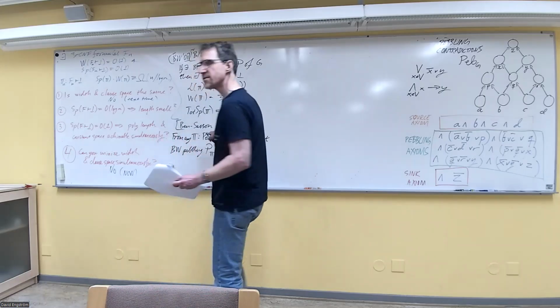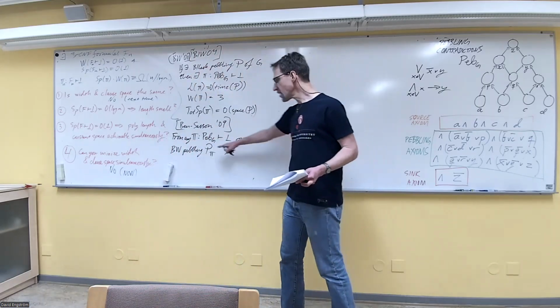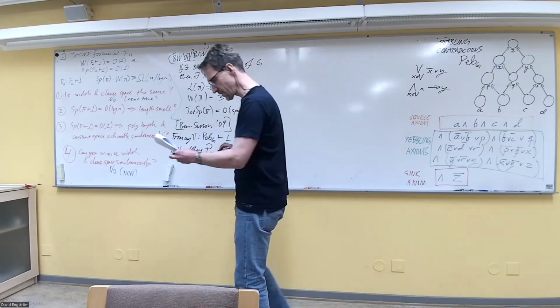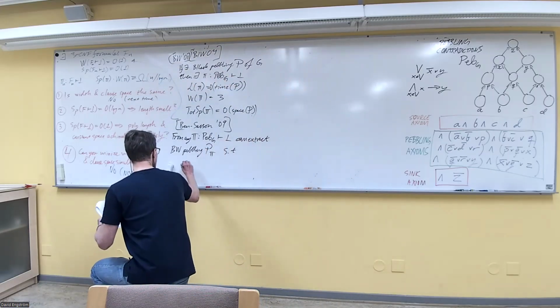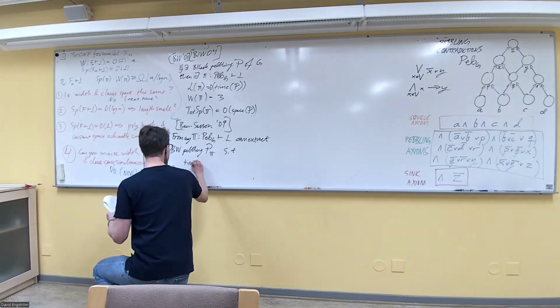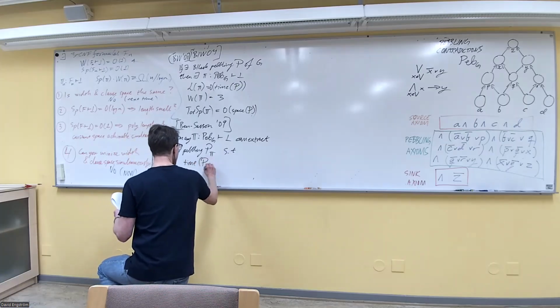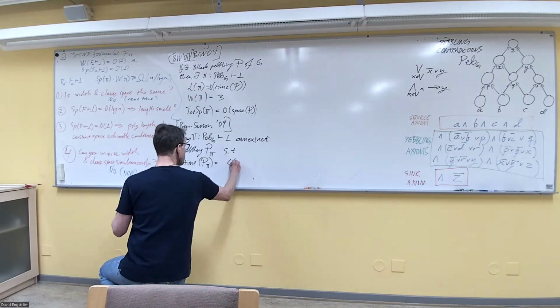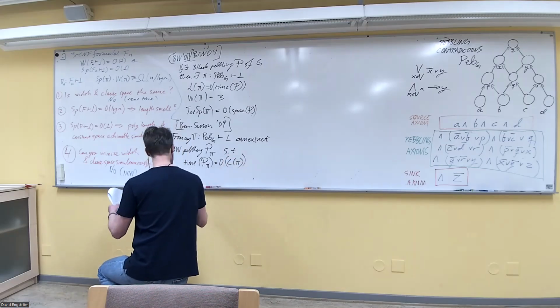And the idea is that we're going to argue that P of pi does the same thing as the resolution refutation does. What do I mean by this? So the time of the pebbling is basically the length of the refutation, except for constant factors.